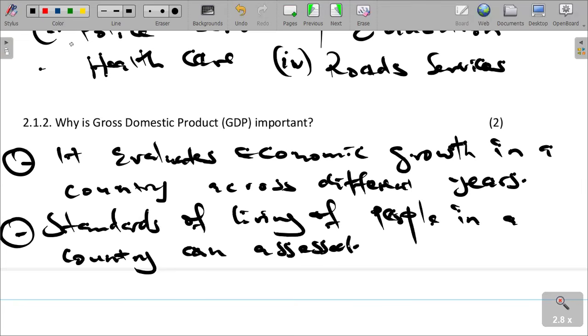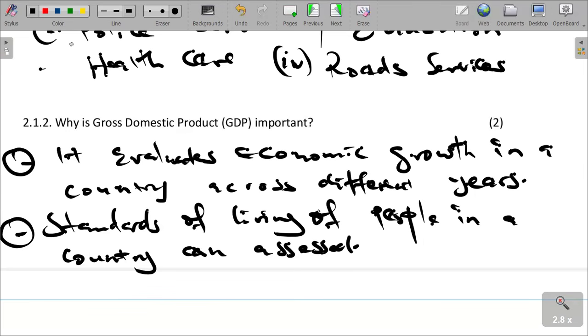This is based on the level or the percentage value of gross domestic product. If GDP is good, it means production is high. When production is high, people are working, people have got employment, production is taking place, goods are going to be sold at better prices, such that we can therefore certainly understand that the living standards of people are better, or people are living better.